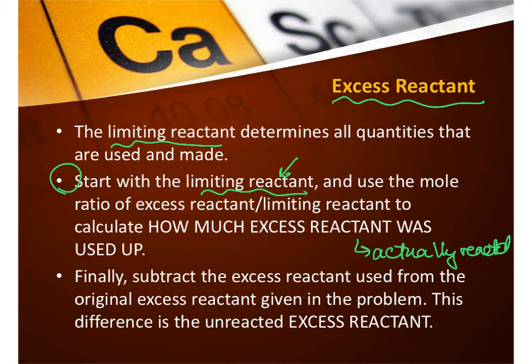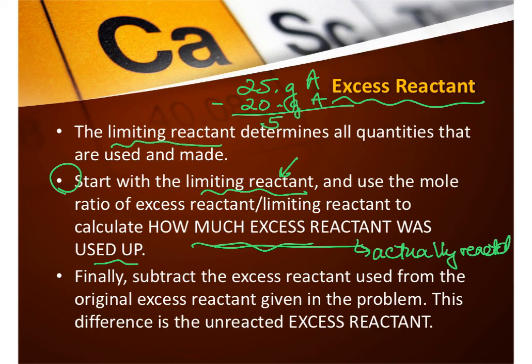Once you have that, how much was actually used, you can subtract how much was used from the initial amount of excess reactant. So let's say the problem told you that you had started with 25 grams of some excess reactant A, and then you did a calculation with your limiting reactant and you found out that you only needed 20 grams of A. That would mean that your excess reactant that was left over would be the difference between those.